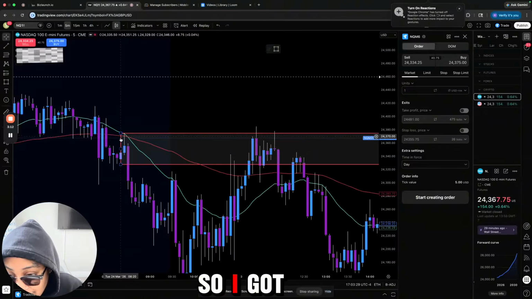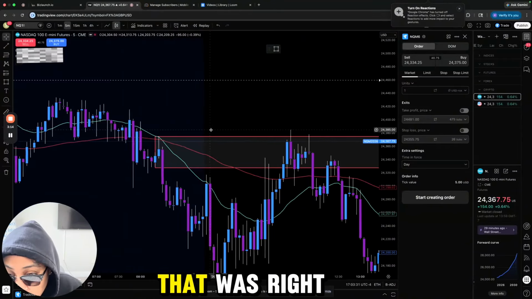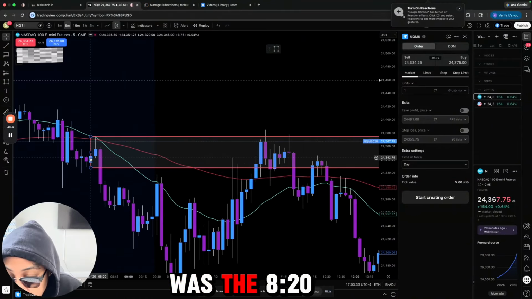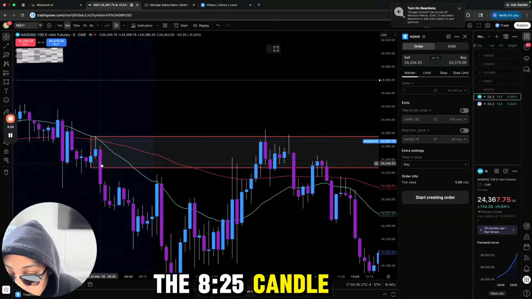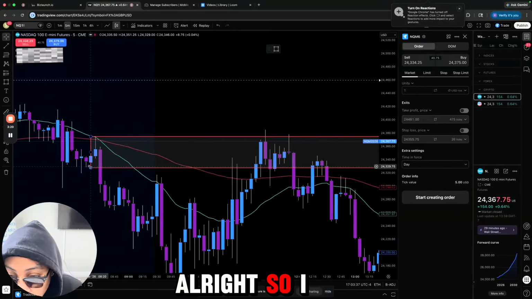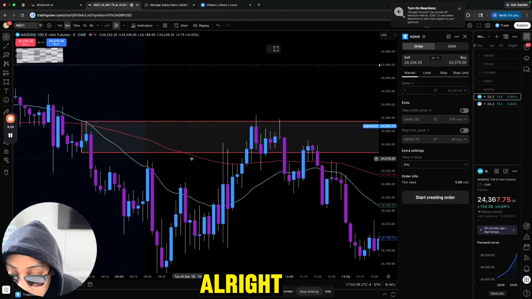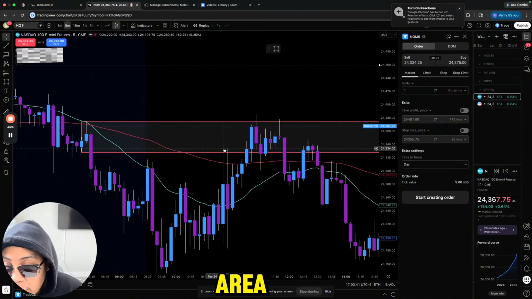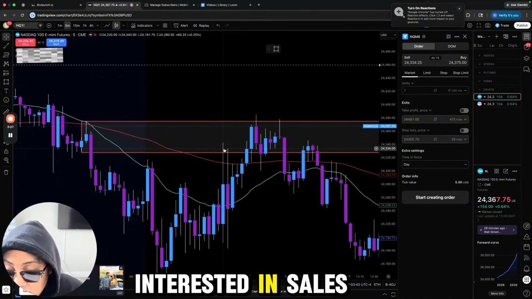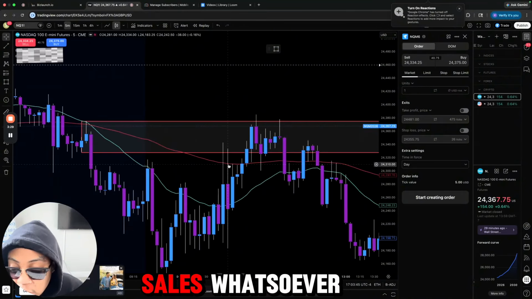So I got my supply zone that was right here, and this was the 8:20 candle, the 8:25 candle, and so forth. All right. So I marked that up. When price came back to this area, I was not interested in sales whatsoever.